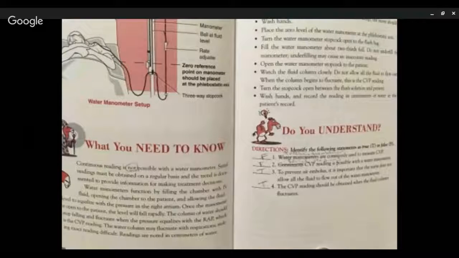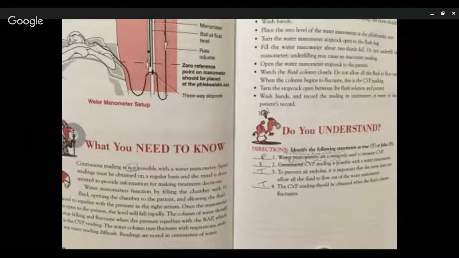Water manometers function by filling the chamber with IV fluid, opening the chamber to the patient, and allowing the fluid level to equalize with the pressure in the right atrium. Once the manometer is open to the patient, the level will fall rapidly.